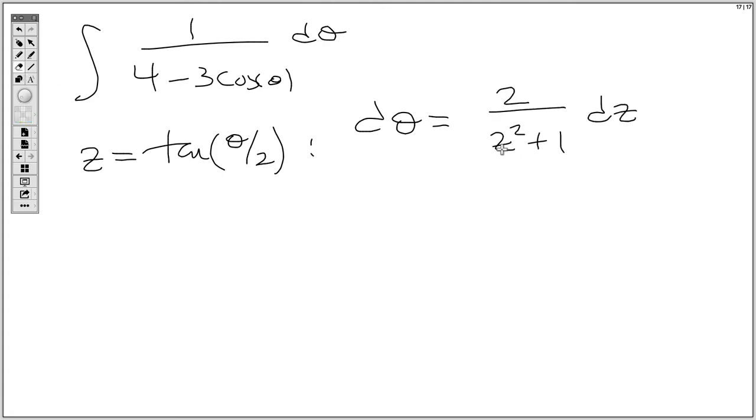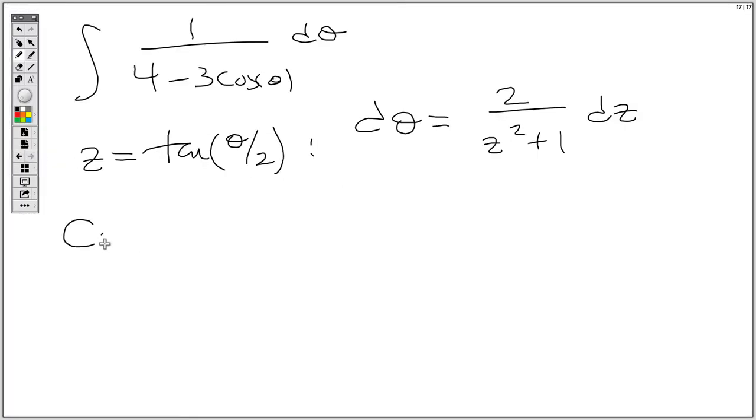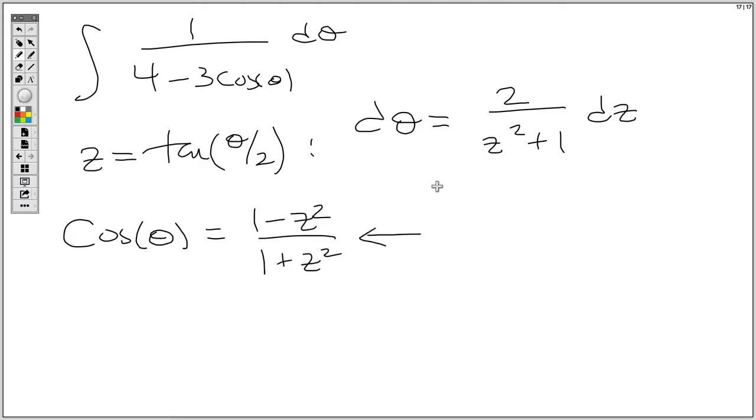And notice the way I try to distinguish my 2's here from the z's is I put a line through the z. And the other formula we need is the cosine. So the cosine is 1 minus z squared over 1 plus z squared. And once again, this is a half angle identity from trigonometry.